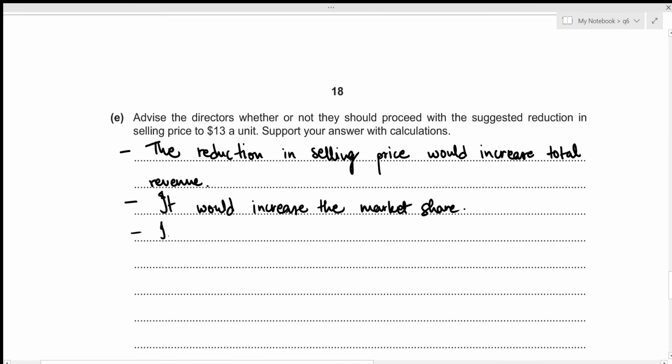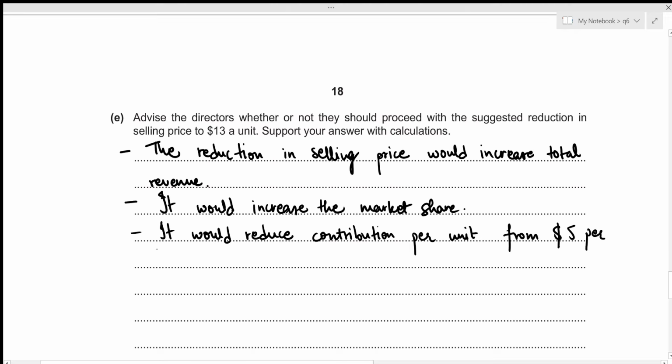It would reduce contribution per unit from 5 per unit to 3 per unit.